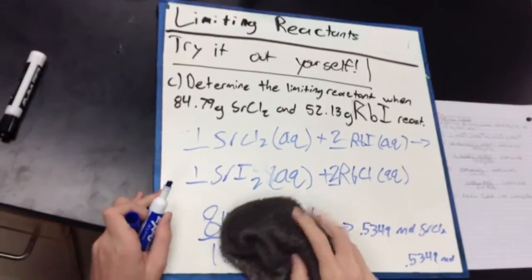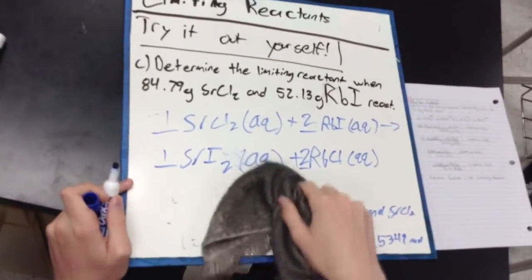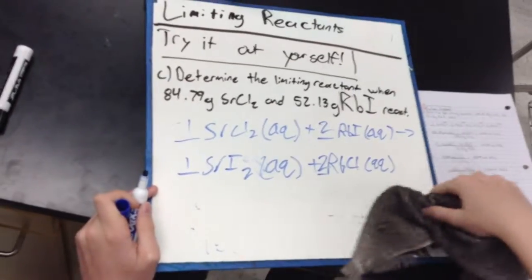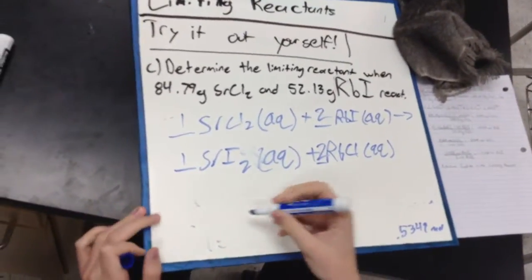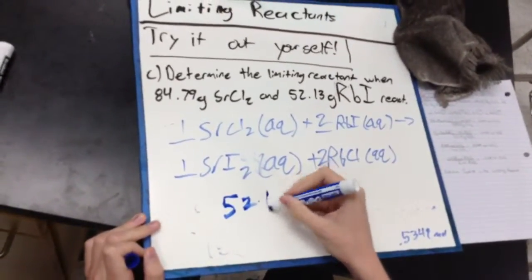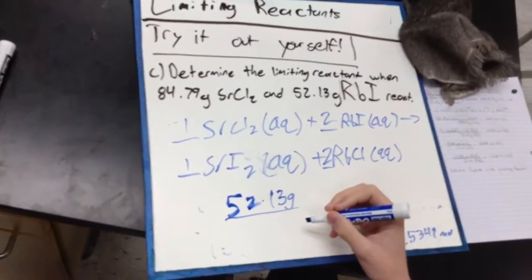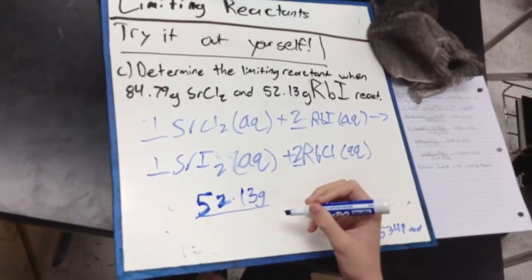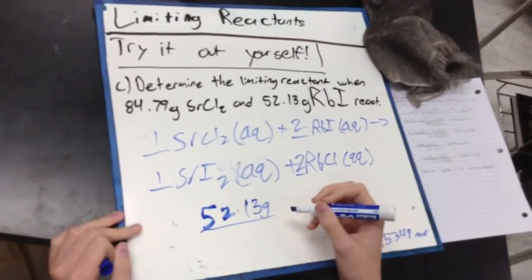And then we will have to do the same thing for the other reactant, rubidium iodide. So to do that, again, we write the gram value. So for rubidium iodide, it's 52.13 grams, and we divide that by the molar mass, which we find from the periodic table by adding together the elements.